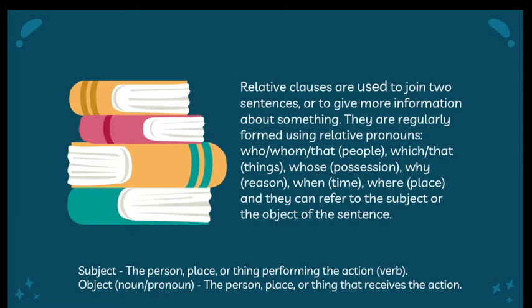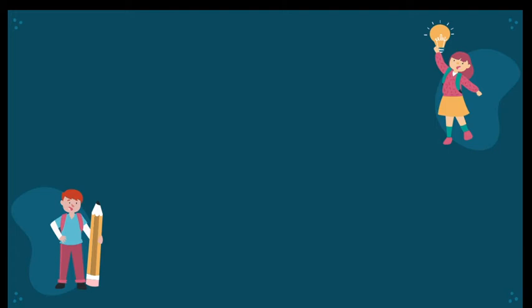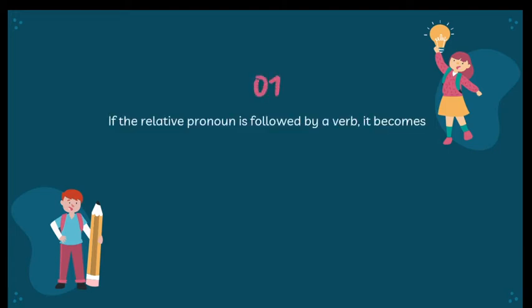Object is a noun or pronoun, and this is the person, place, or thing that receives the action. Let's continue. If the relative pronoun is followed by a verb, it becomes a subject pronoun.